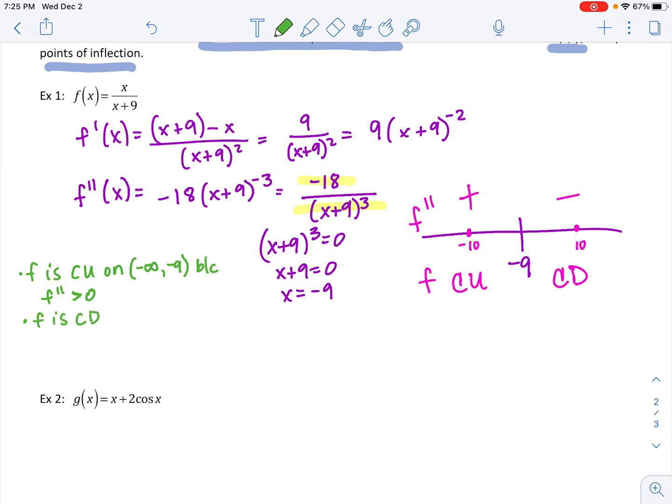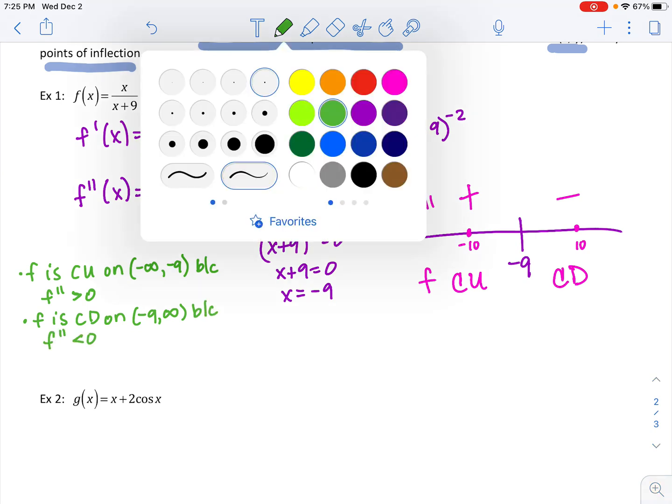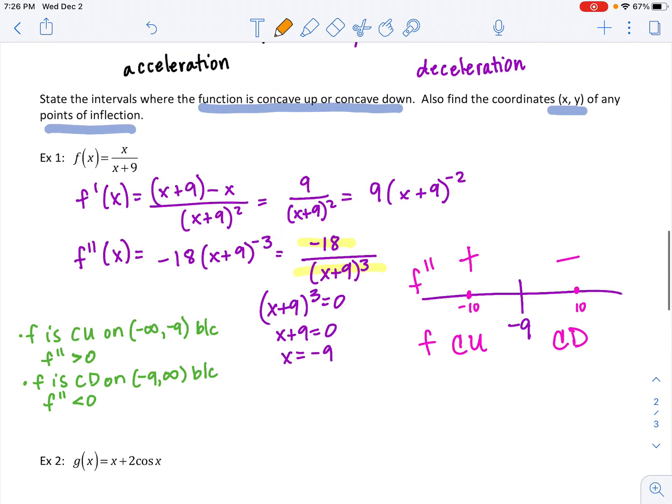And then f is concave down on negative 9 to infinity because f double prime is negative. And then the last thing it asked me to do in the directions was to find coordinates of any points of inflection. Well, points of inflection are where the second derivative changes sign. So in order to figure out the y value of this point of inflection, I'm going to take that negative 9 and plug it into the original.